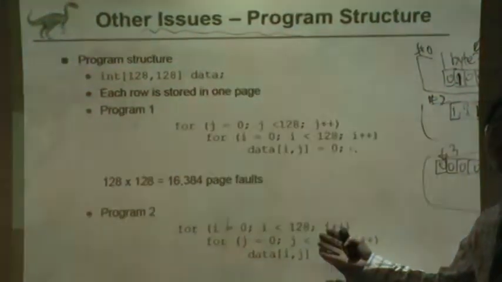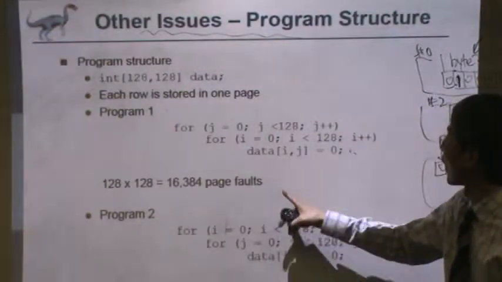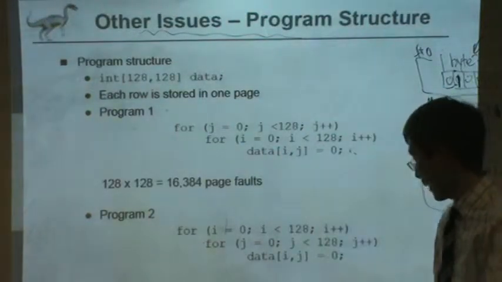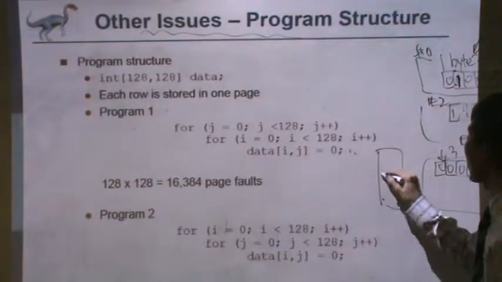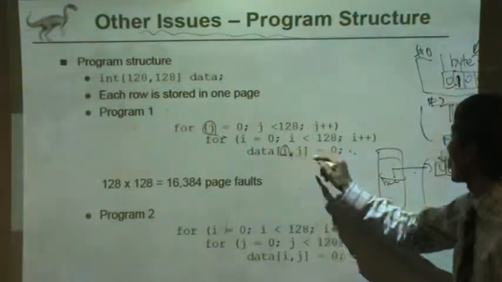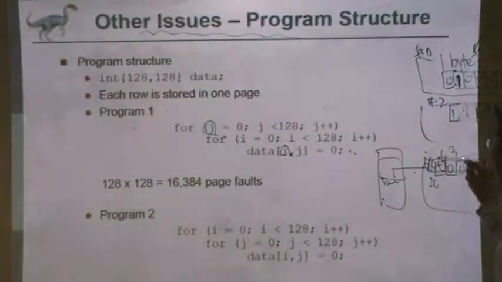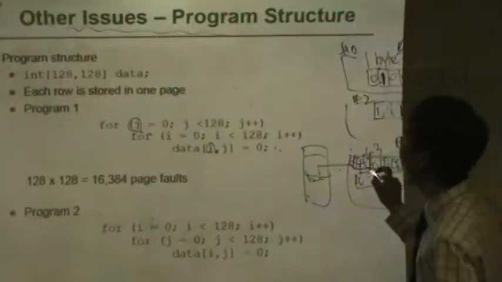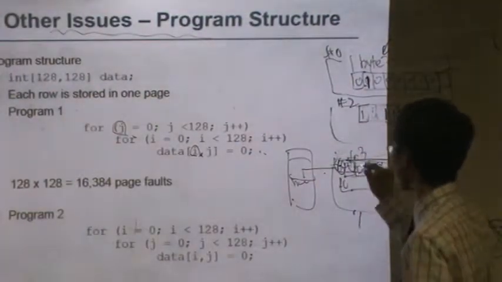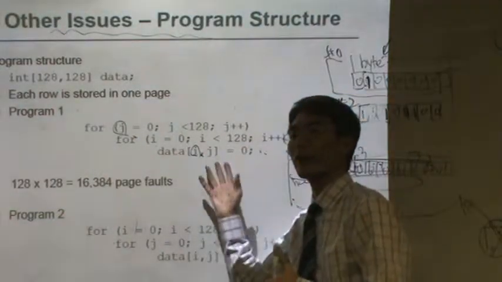This one may cause a lot of page faults, because J is used here. When we make the data structure, this is a process, this is a heap, and this one has the location of the first one, I. But I is changing: I, 10, 20, then I, J. But if you refer to I first, this is J and I. So it's a lot of faults. Okay? So that is the reason it's not recommended.